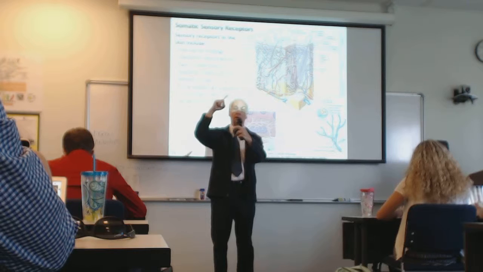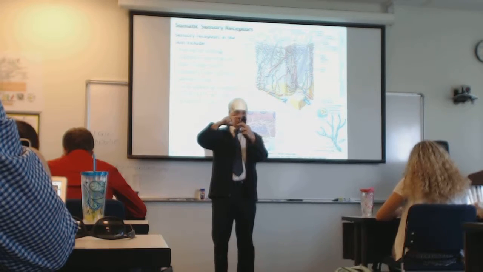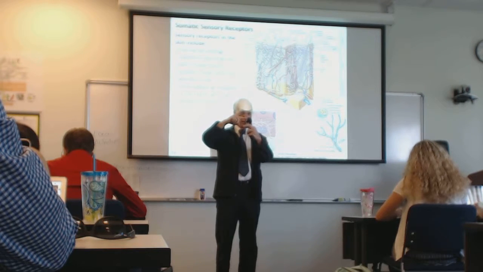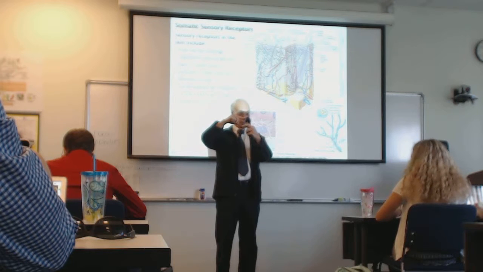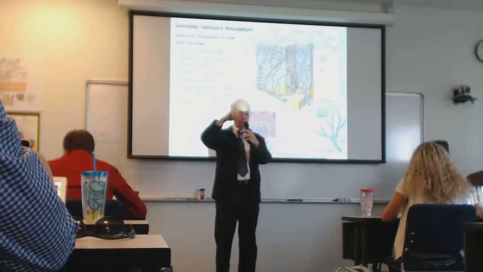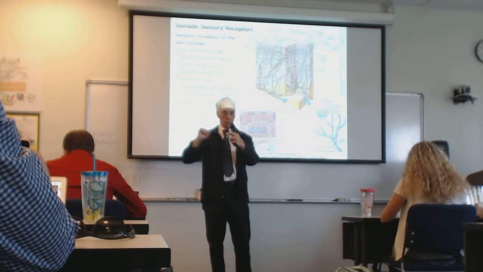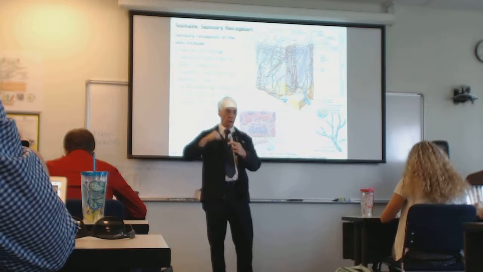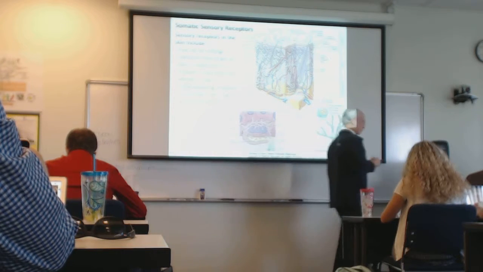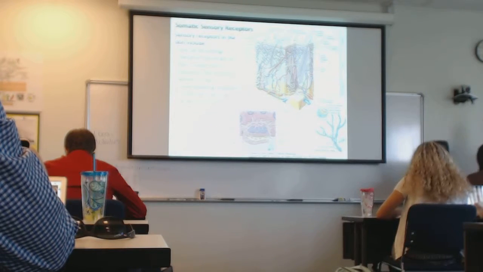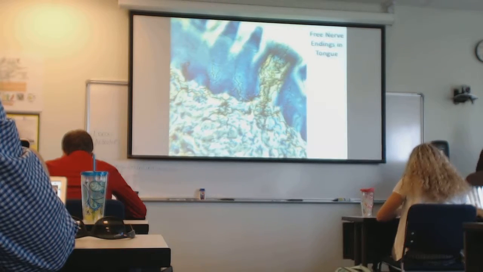Whereas a fast adapting receptor responds at initiation, then nothing. I remove the stimulus, and then nothing. So the fast adapter is only responding to the changes in the excitation of the stimulus. So Merkel's are slow adapting, but they are specialized receptors.